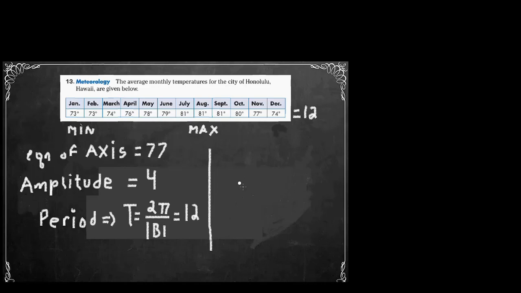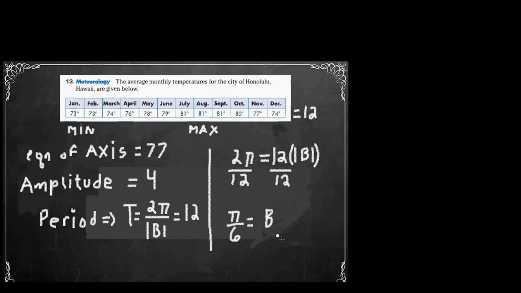Multiplying each side by b, we have 2 pi equals 12 times b. Now, just divide each side by 12. The value of b is pi over 6.